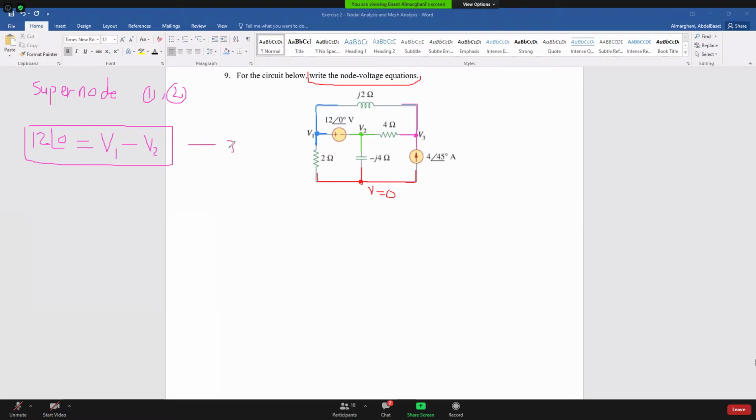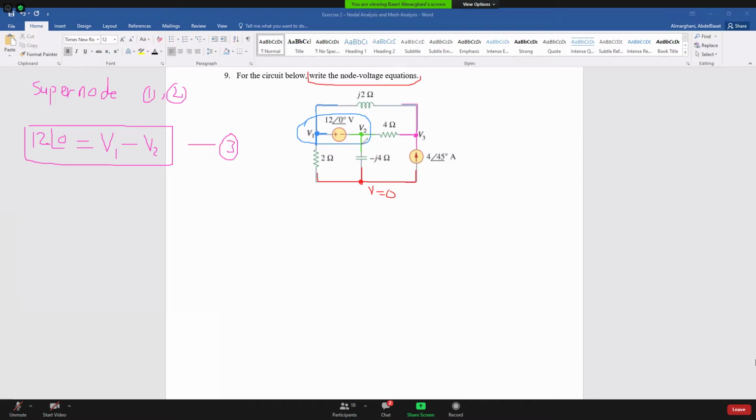How many equations do I need? 3, because I have 3 nodes. So this is one equation. Now the second equation, which is the trick thing here, I'm going to actually use these 2 as one node, a super node. So let me just put a different color, like this. So this is going to be one node. How many branches are connected to this node?